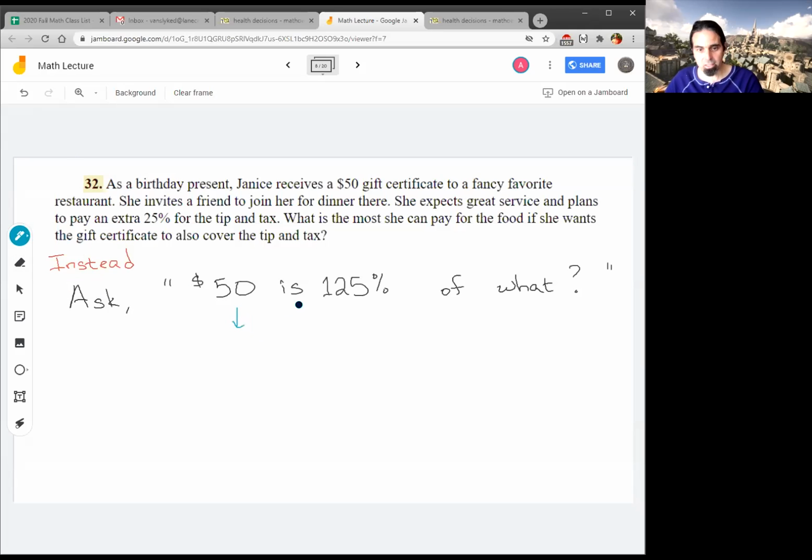So now I translate. Again, I'm going out of percent. I have something stuck onto y with times 1.25, so I'll do divided by 1.25 to both sides.